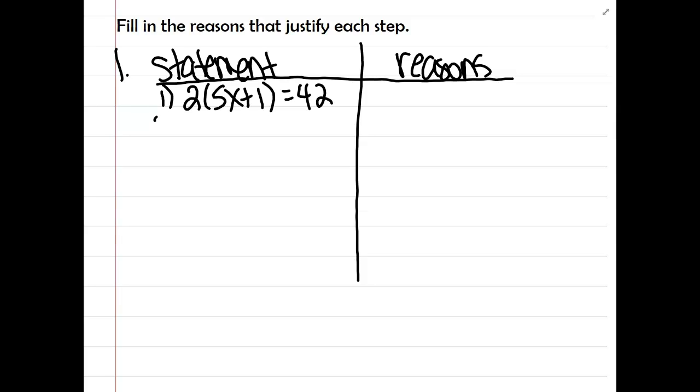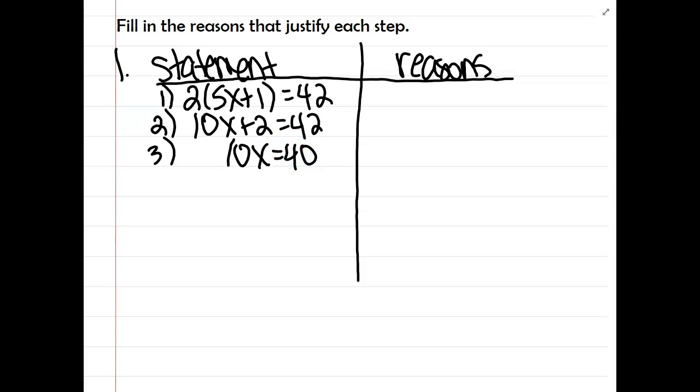The second statement is going to be 10x plus 2 equals 42. The third step is going to be 10x equals 40. And the fourth step is going to be x equals 4.